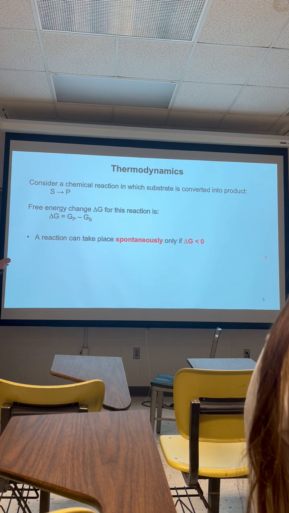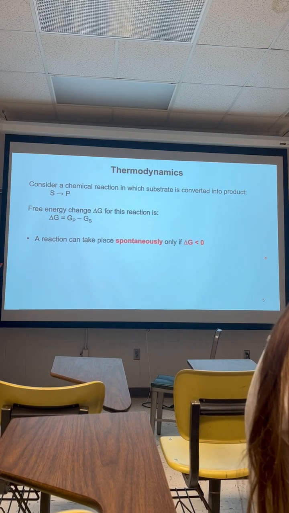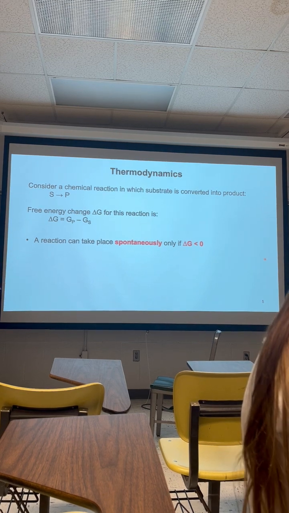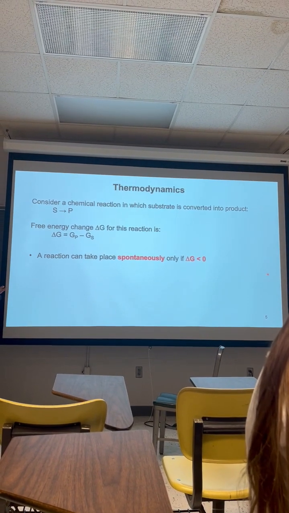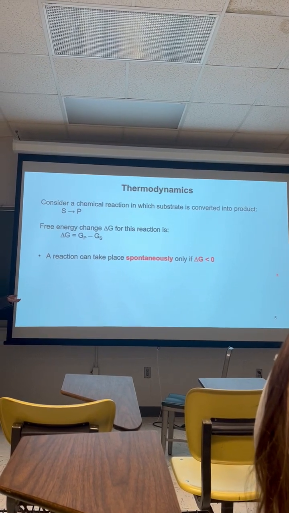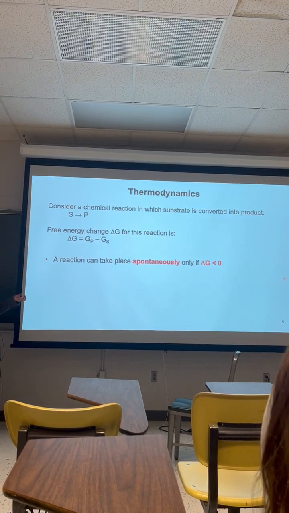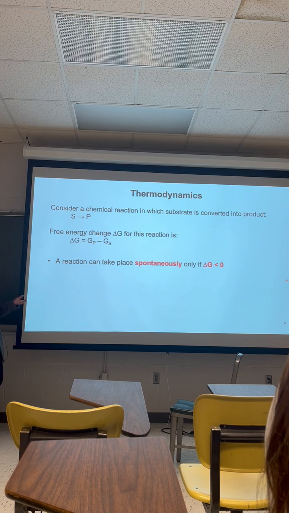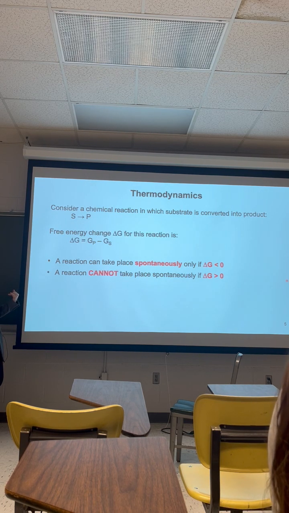This is the fact that is absolutely true for living organisms and for chemical reactions in general. If you want to conduct them in a tube, the reaction will take place spontaneously. Spontaneously, we are saying, will substrate be converted to product? Spontaneously, if delta G is less than 0.